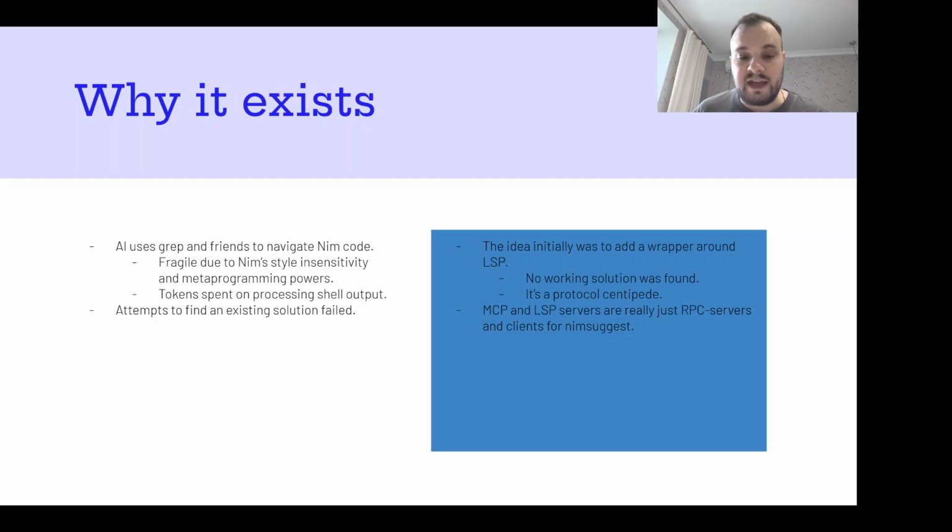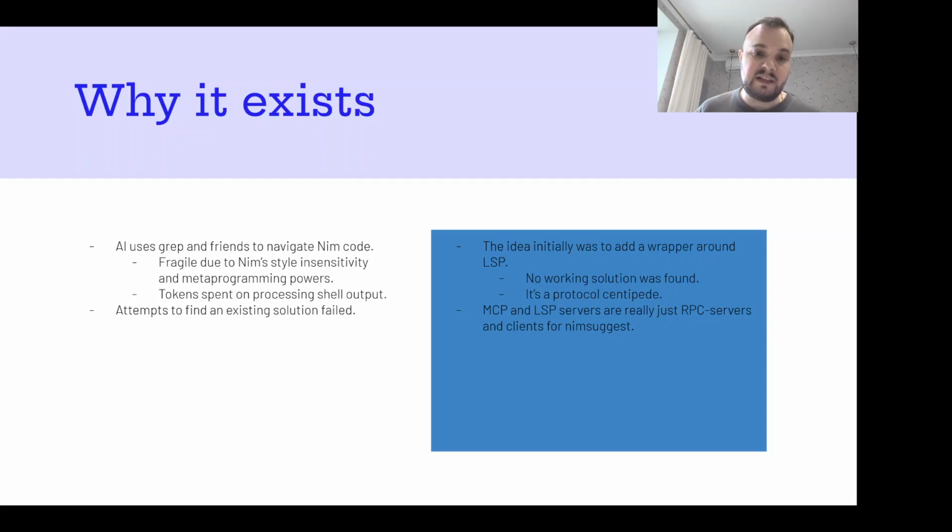When you ask your AI agent to, for example, rename all references of a particular function, what it will do is run something like grep or find on your project. It will try to treat your code as plain text, and so it will use text-based tooling to navigate across your code.